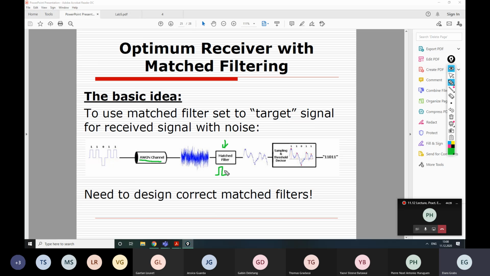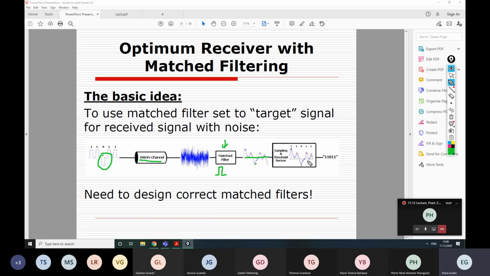So we are going to find an impulse of 1 for this signal. And when they match, they get more or less high energy. Because of the noise, of course, we will not get maximum energy. And when we receive a 0, which is represented by negative voltage in this particular case, right, we would get a negative energy.